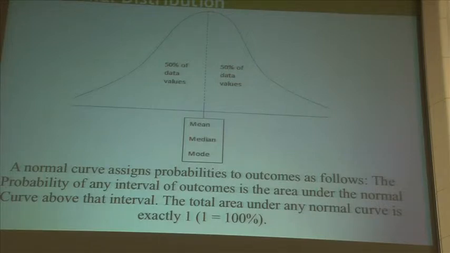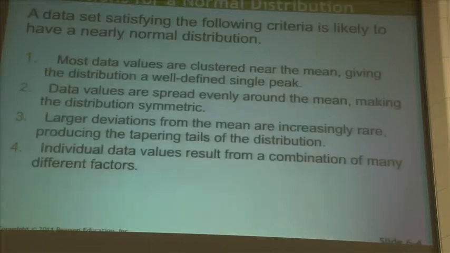Remember we talked about the standard deviation? That's what these bars pertain to. Here's your mean. Each bar is one standard deviation away from the mean. That's why we've got sigma, 2 sigma, 3 sigma. Since all of your data is under the curve, if you take all of this underneath it, you have the full 100%. So that's all your data.